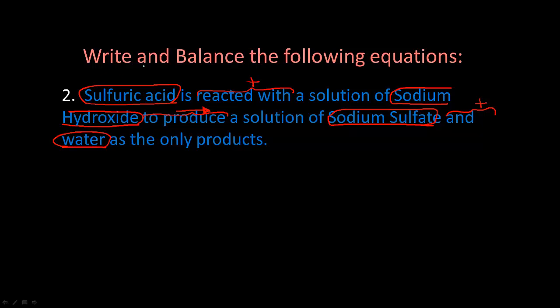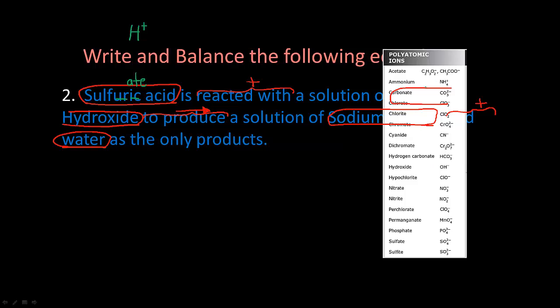Sulfuric acid, all acids start with an H plus. Sulfuric, well, this ends in ic, so that means I'm going to change the ending to ate. In sulfur and phosphorus, we always take off the UR. So this is sulfate. If we look on our polyatomic ions under sulfate, which is right here, it is SO4 with a -2 charge.